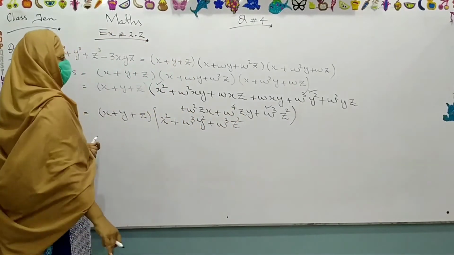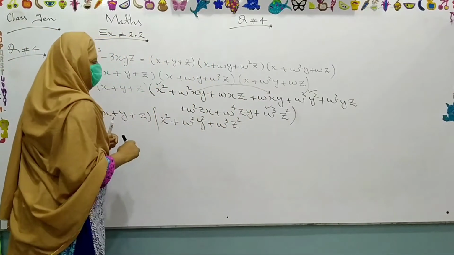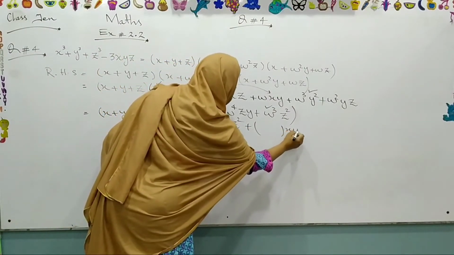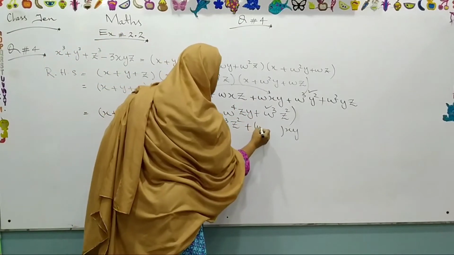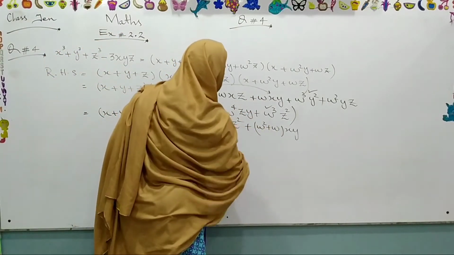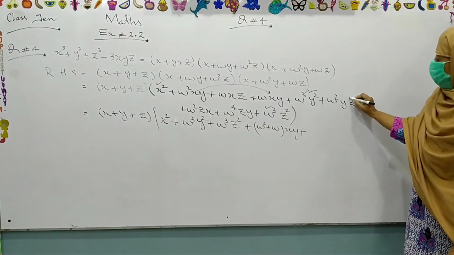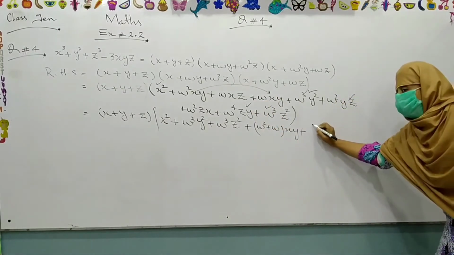Now, next, take xy common. I will write xy common. What will be inside? Omega square plus omega. I have taken common. Next, take common yz and yz. What will be inside?